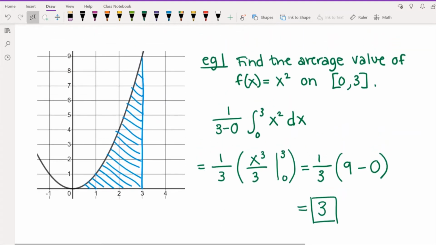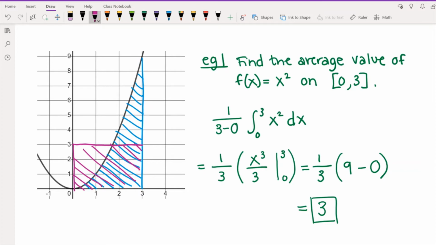Visually, the way that you can understand what's going on here is that if the average value of this function is 3, that means that if we were to draw a box at a height of 3, like this, the area of this purple rectangle is actually the same as the area of the blue area.